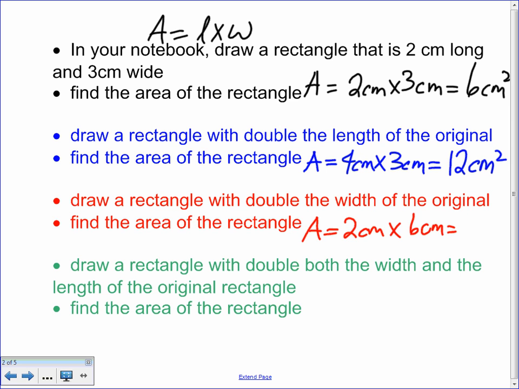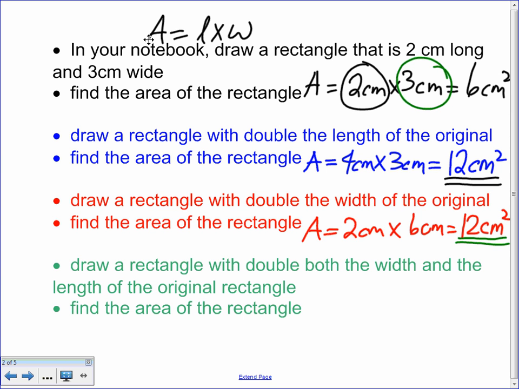We now have an area of 12 centimeters squared. And I want to point out that if we double just the length, we've doubled our area. If we double just our width, we've doubled our original area.